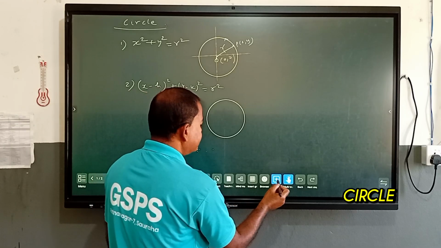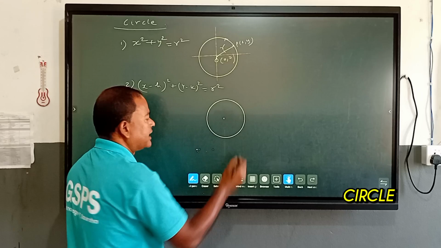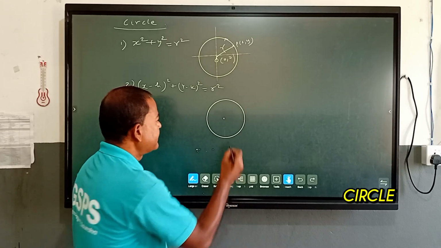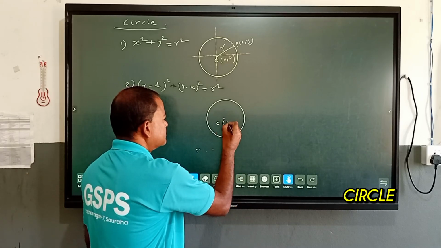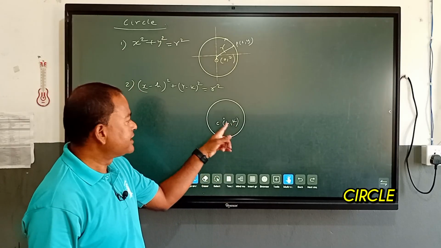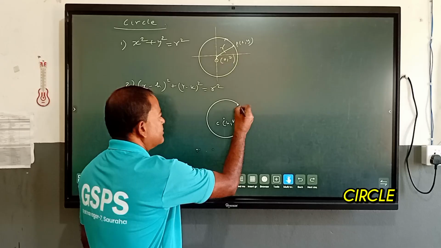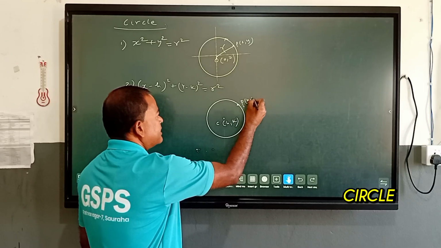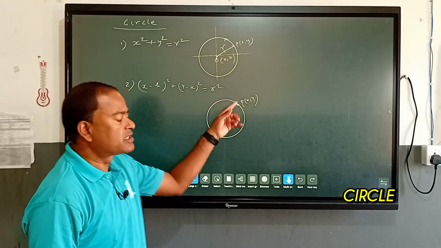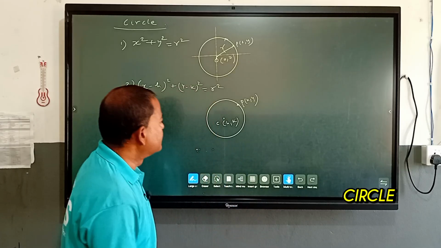Dear students, if the center is at any point (h, k), let us suppose the center of the circle is at the point (h, k) and P(x, y) is the moving point, or we can say any point at the circumference of the circle.